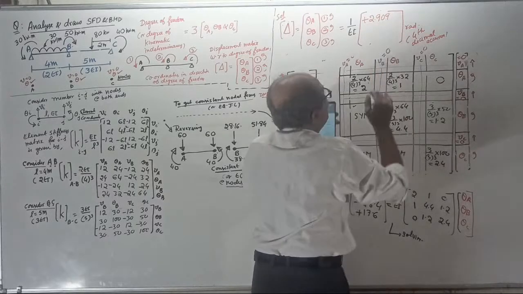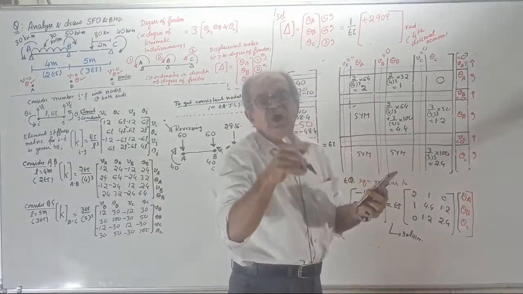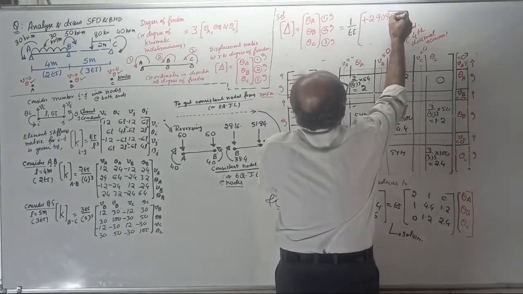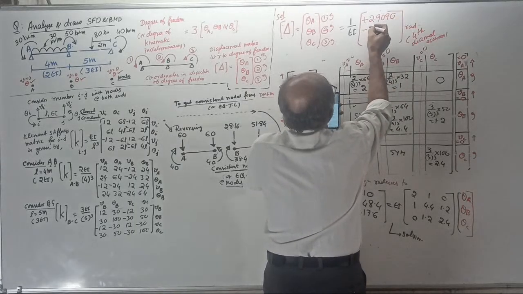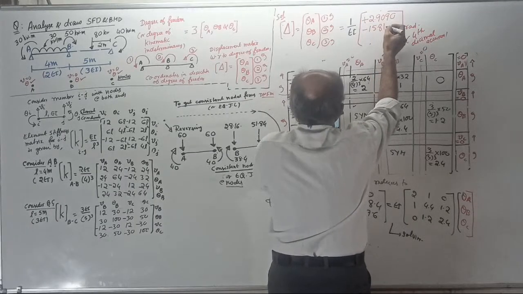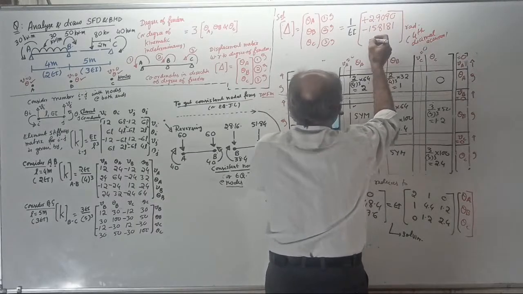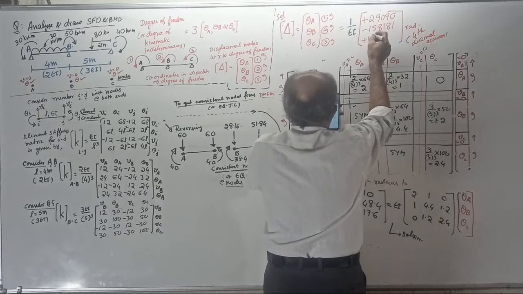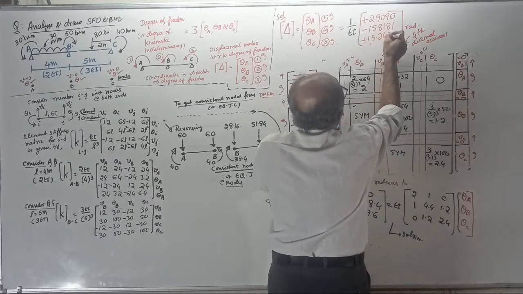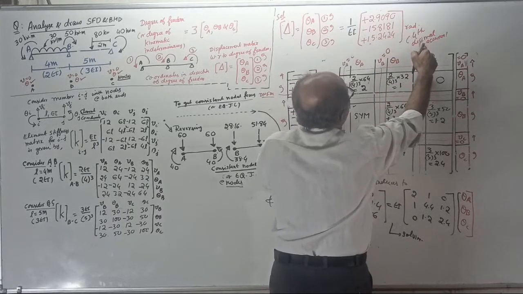Actually, if it is 2.90909091, you have to tell. See, 9090 you told. Then minus 15.8181, plus 15.2424. I told I want 4 decimals.